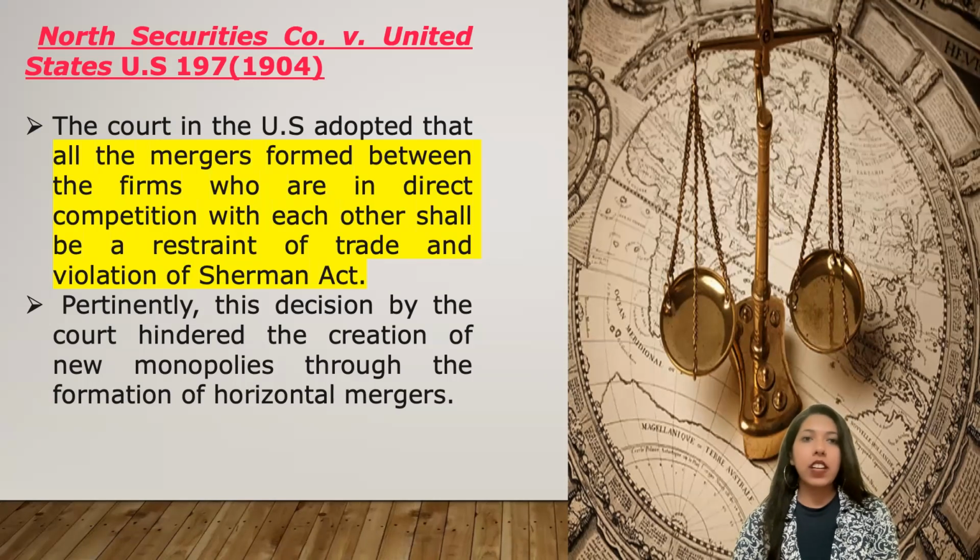In this case, the court in the US held that all mergers formed between firms in direct competition with each other are a restraint of trade and violate the Sherman Act. So whenever a merger, meaning a combination, is formed between firms in direct competition with each other, it leads to a restraint of trade. This decision also hindered the creation of new monopolies in the market in the form of horizontal mergers.